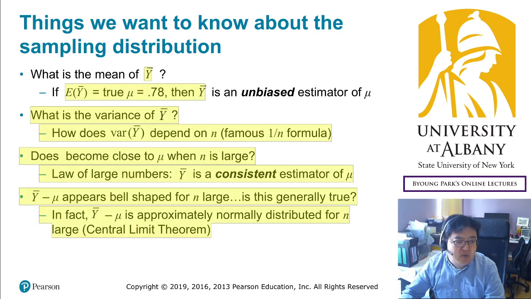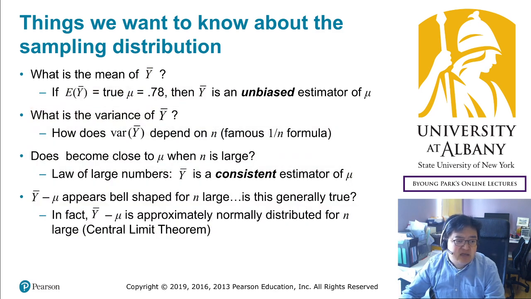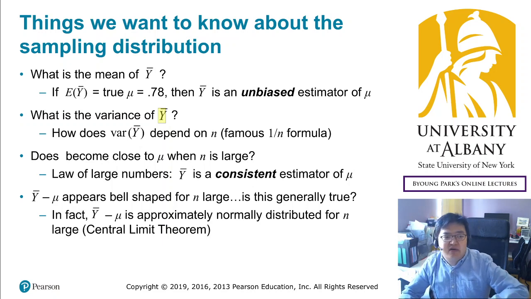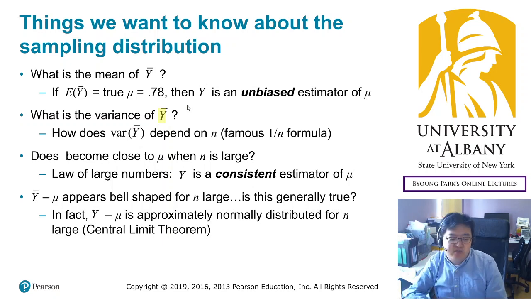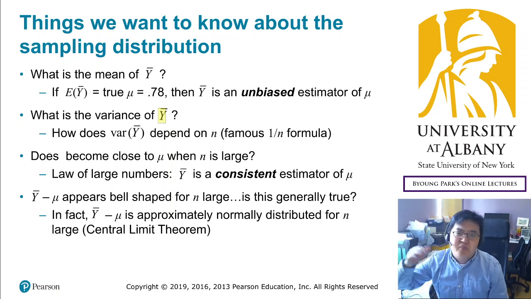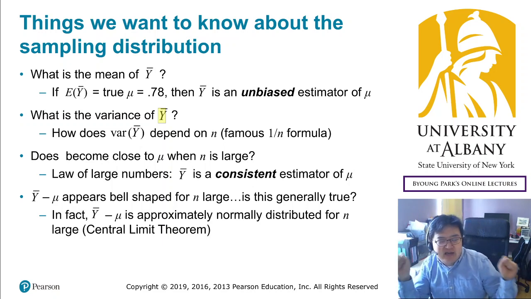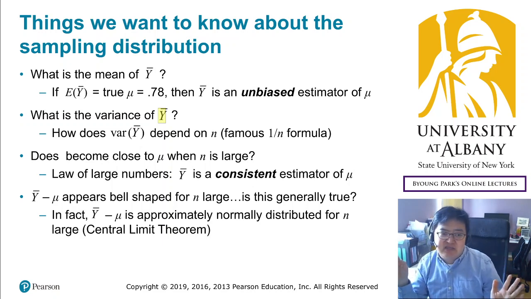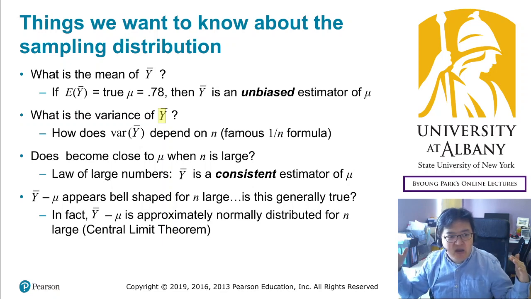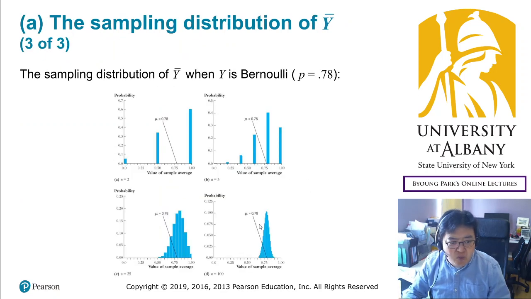And what is the variance of y bar? When you throw n coins, if you are very fortunate, you will get all heads, or sometimes you may get all tails. However, these kinds of outcomes will be very, very rare as n increases. As n increases, most of the observations will be within a reasonably expected range. The average is 0.78, so 78% of coins are expected to be tails.